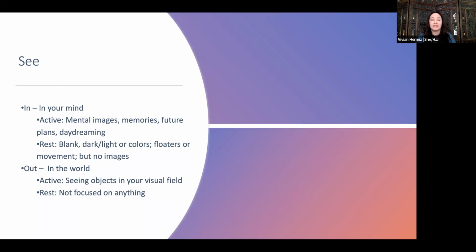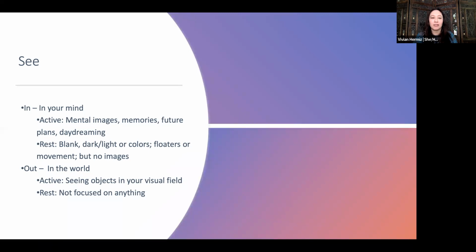Now, in each of these subcategories, there is another layer of active and restful activity. So when you close your eyes, what is coming up on the screen in your mind's eye? Are there, again, memories coming up, visualizations, daydreaming, or is it black or light?